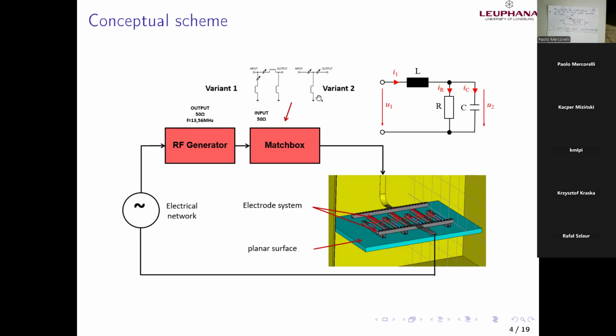To conclude, this system, which is relatively complex, in the first approximation can be modeled with this LRC in this particular configuration. Believe me, we did exactly so at the beginning, then we did some modification, but basically this is the model.